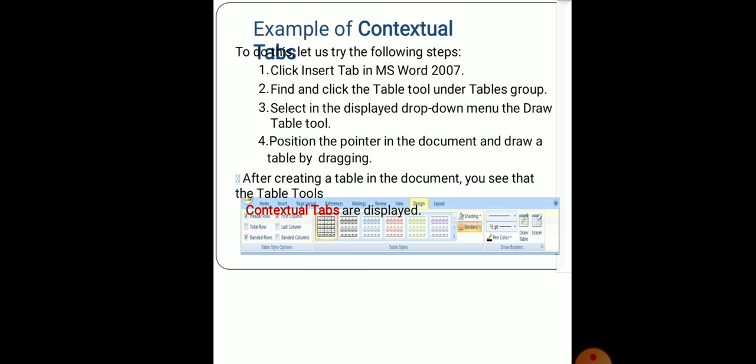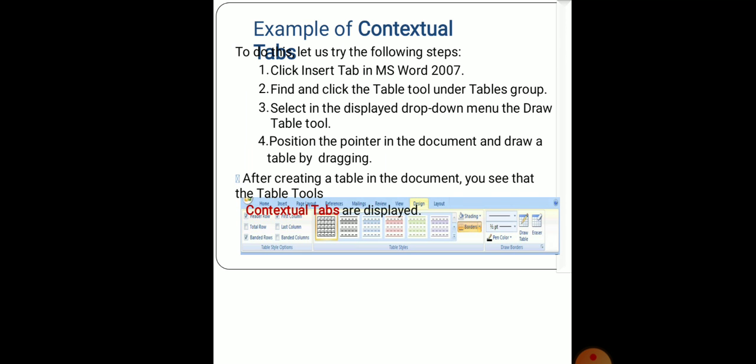If you want to use it, first of all you have to click on the Insert tab option, then click on the table tool option. Okay, and after that you have to draw some specific tables. So whenever you are drawing a specific table, that will come under the contextual tab.